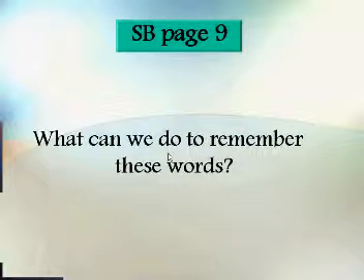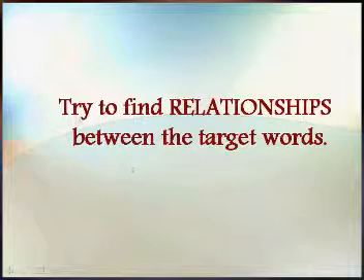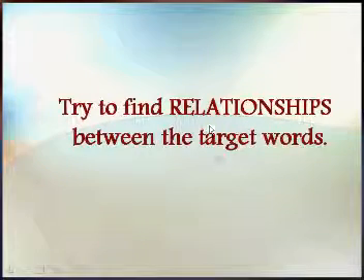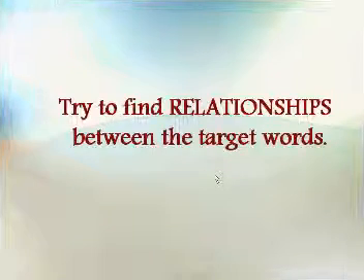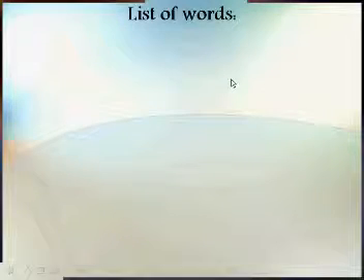Do you have any other ideas? Well, I have one idea for you. Try to find relationships between the target words. Target words mean the words we want to study. Try to find relationships, connections between the words, especially the meanings of the words. Okay? Here is the list of words.